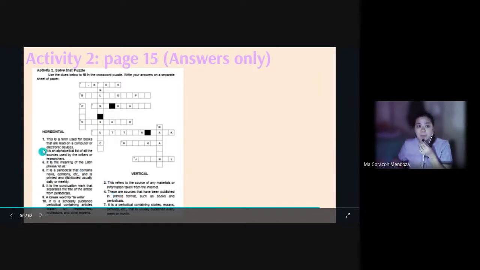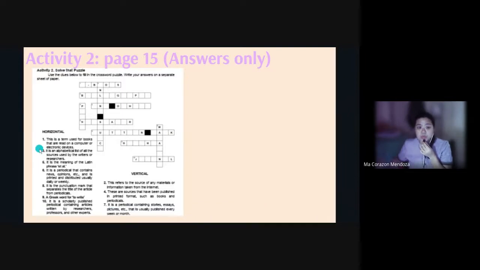Example 1, horizontal: this is a term used for books that are read on a computer or electronic devices. So where is horizontal one? This is the one. We have letters that are already in the boxes, so you're just going to fill it in and find out the answer from there.